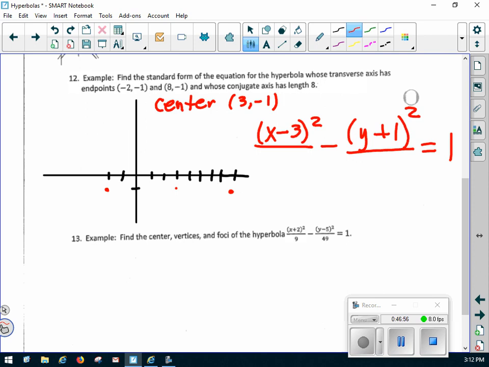Do we know A? What's A? Why is A 5? Because it's from a center to a vertex. A is 5, so what goes right here? 25.